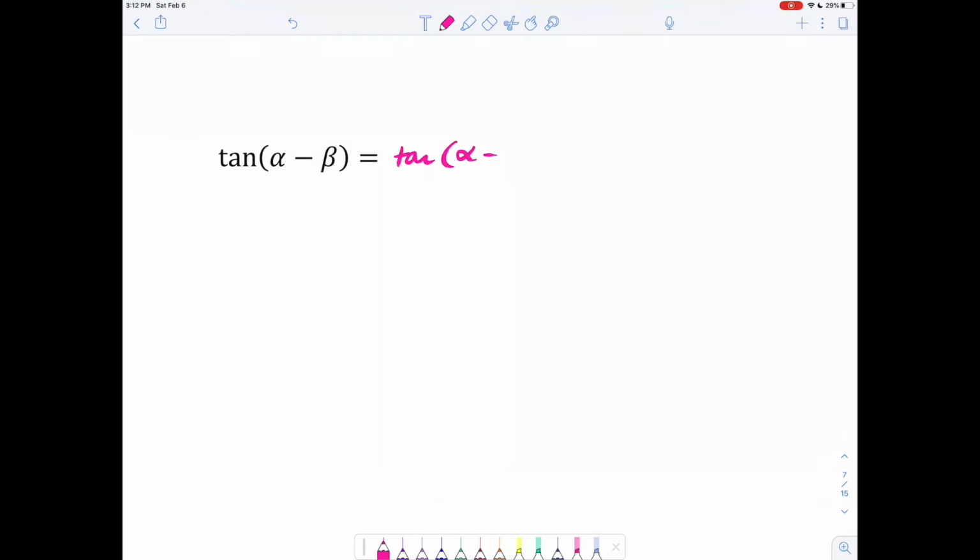So again, phrasing it as addition means that I can use the sum formula, the sum identity for tan, which on top would be tan alpha plus tan beta, but now it's tan alpha plus tan of negative beta. And on the bottom, it would be 1 minus tan alpha tan beta, according to the formula sheet for that, or on the previous page. So here would be 1 minus tan alpha tan negative beta.